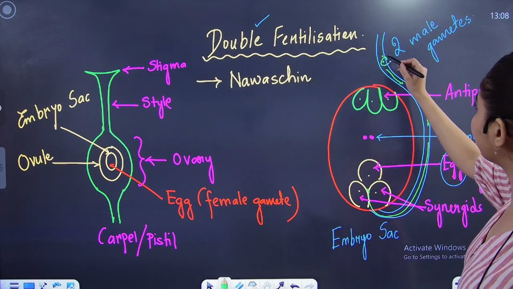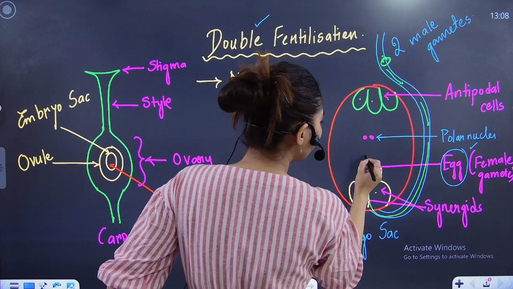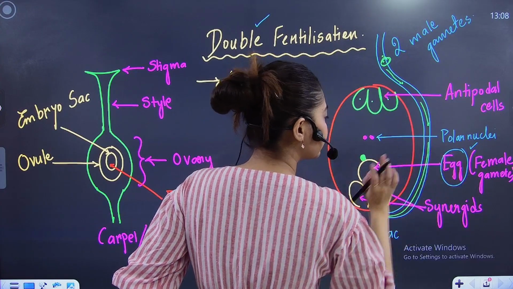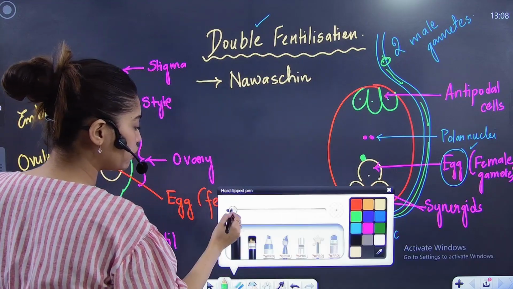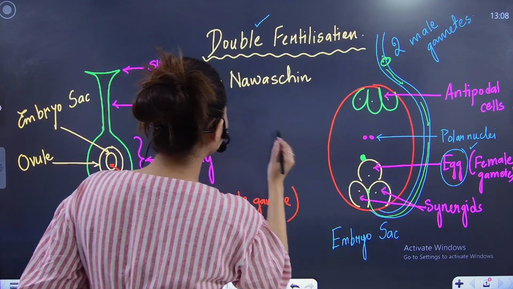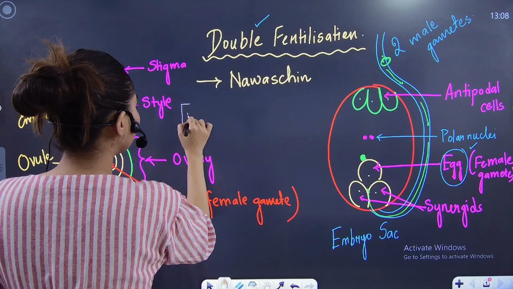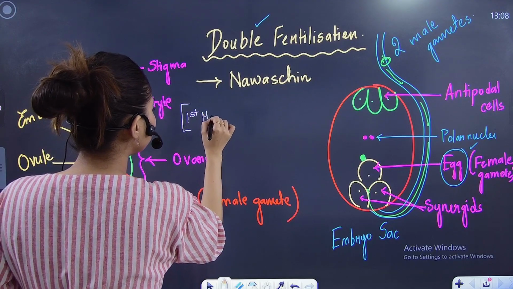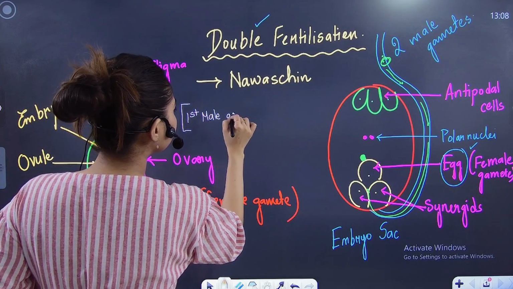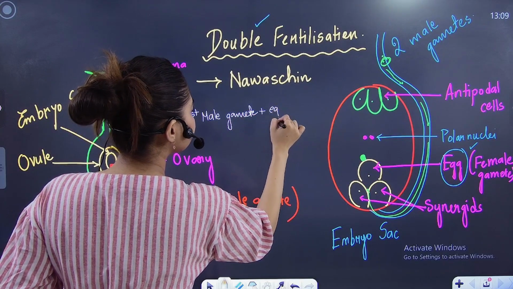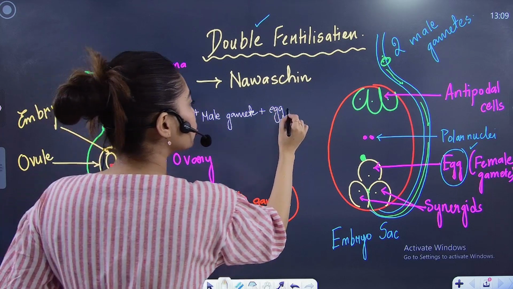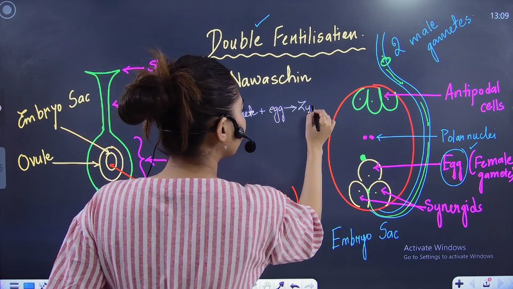The first male gamete will fuse with the egg cell, that is the female gamete, to give rise to the zygote.